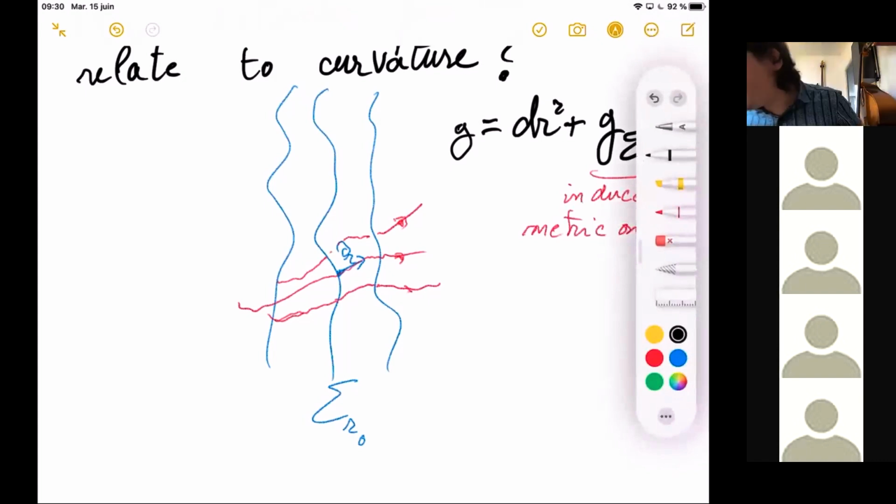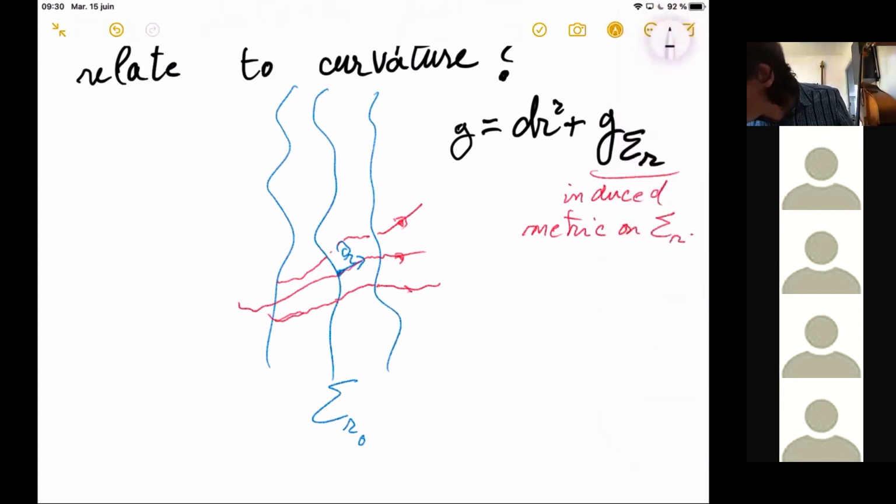So our full metric G is determined by this generalized warped product metric, more or less. So this is a generalization of the warped product. If r was the distance to a point, it would just be the polar coordinates in an exponential chart.